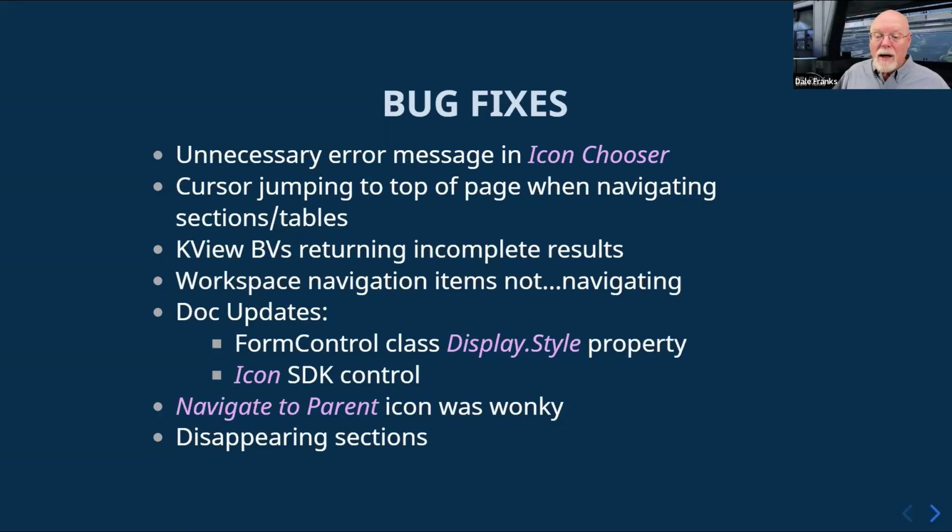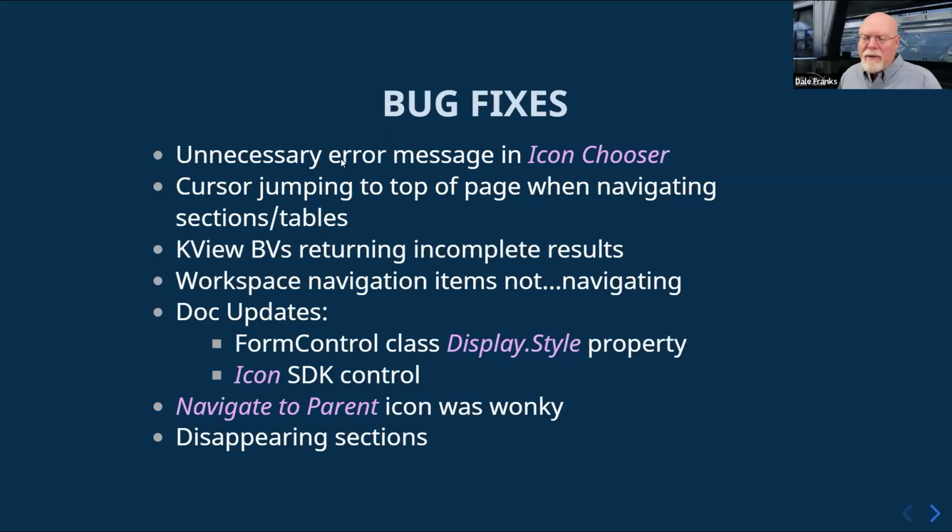We were missing the form control for the icon. If you're just using the online form designer, there is an icon control that enables you to specify an icon number and then display that icon. That was missing from the SDK and has now been added.